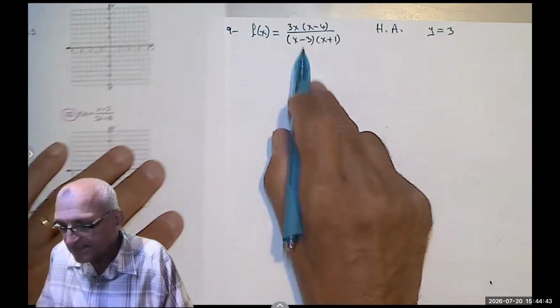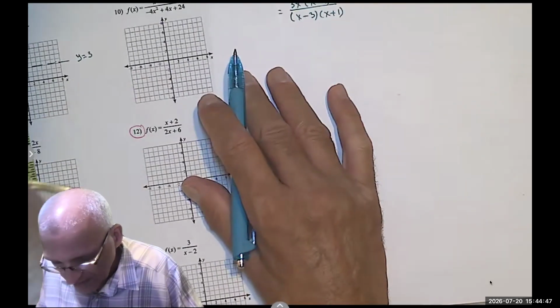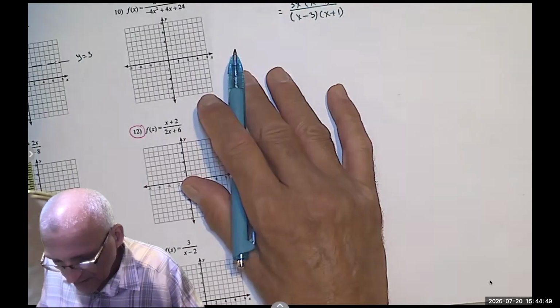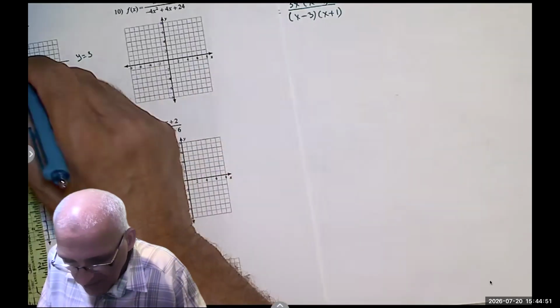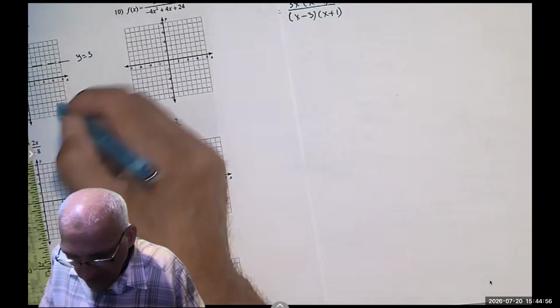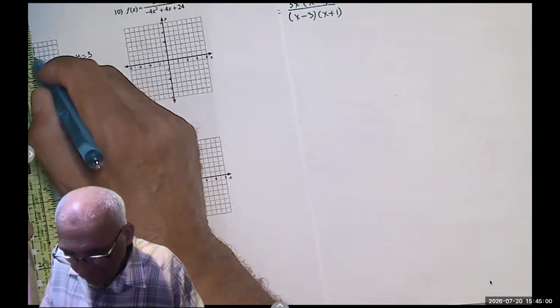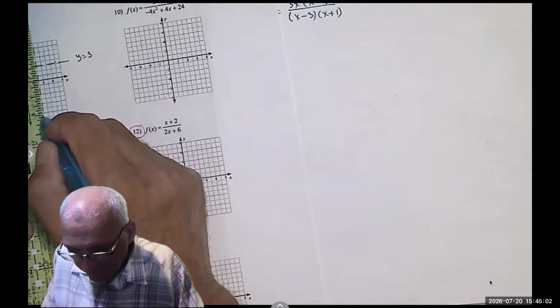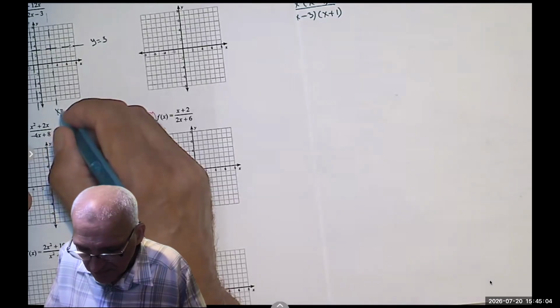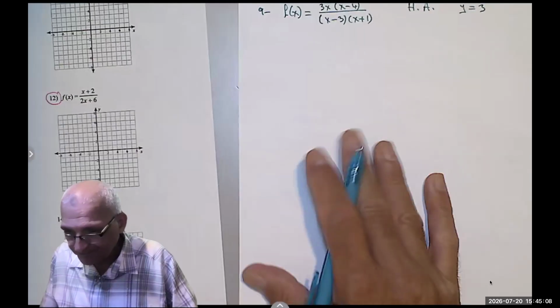How about the vertical asymptote? What makes that 0 is 3 or negative 1. So negative 1 and 3. Okay.